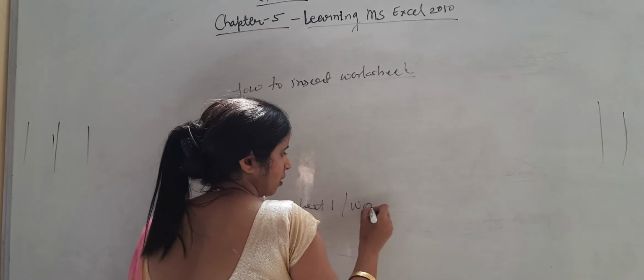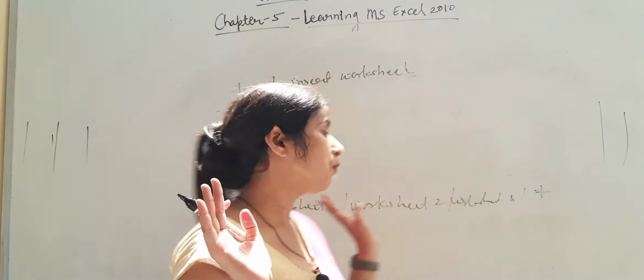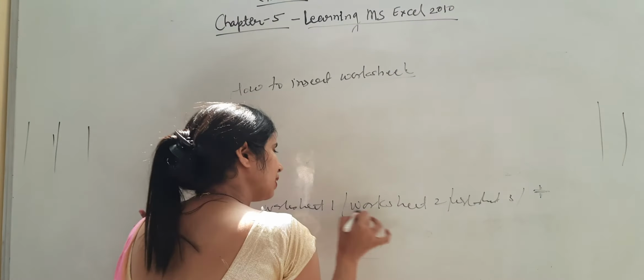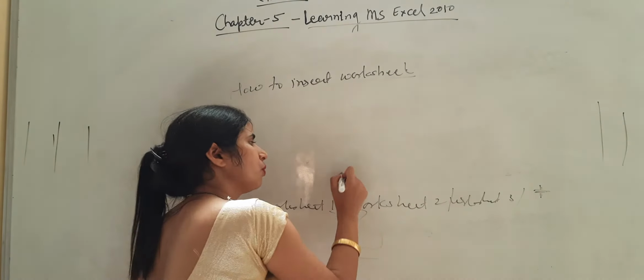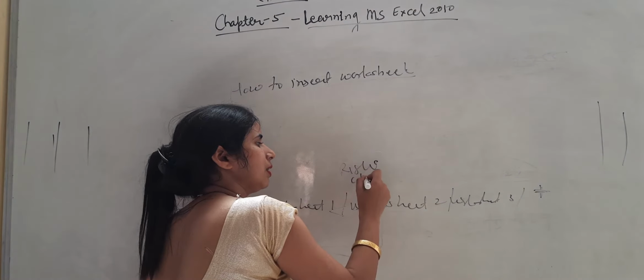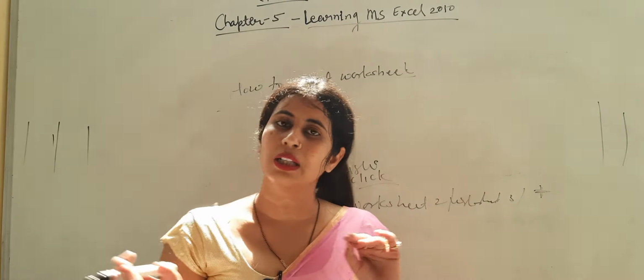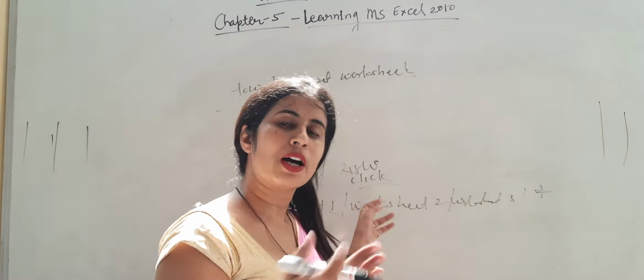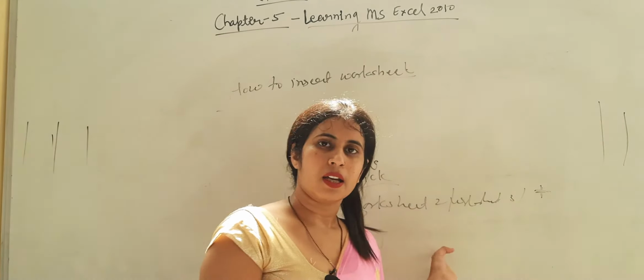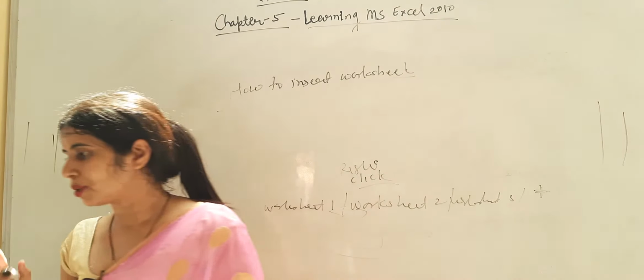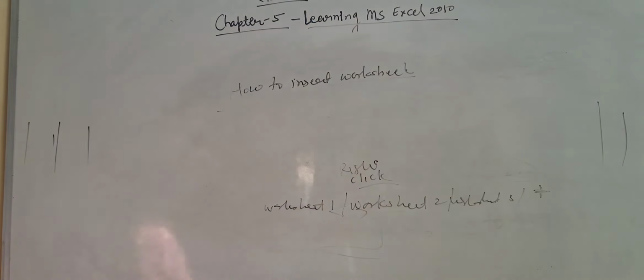When you click on this plus sign, you are able to insert a new worksheet there. And if you want to insert a worksheet in between these two, you have to right click here, then it will show you the insert a new worksheet option, then you click on it, so a new worksheet will be inserted here. So in this way you are able to insert a column, a row, and a worksheet.